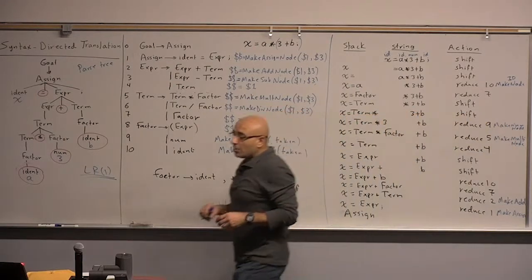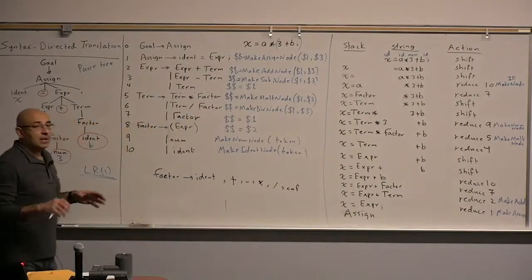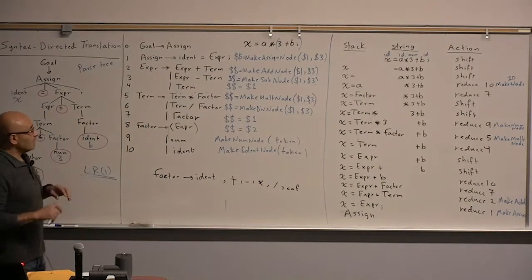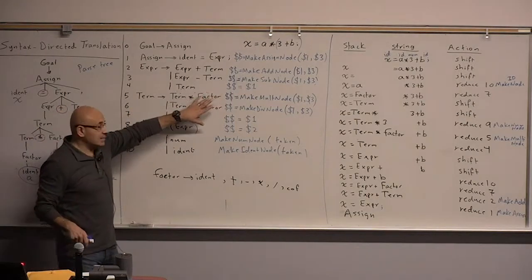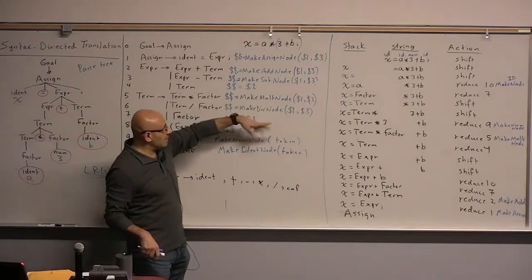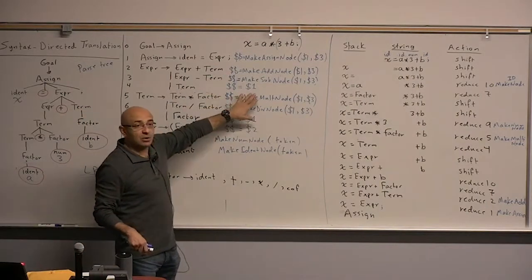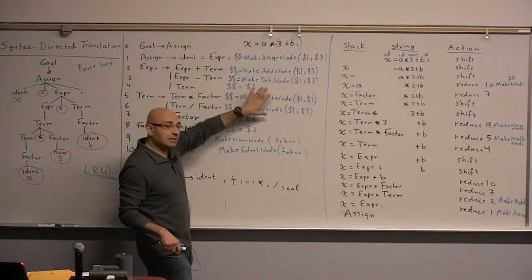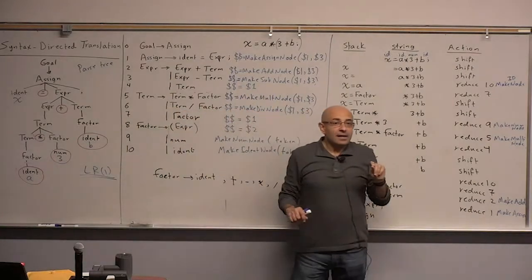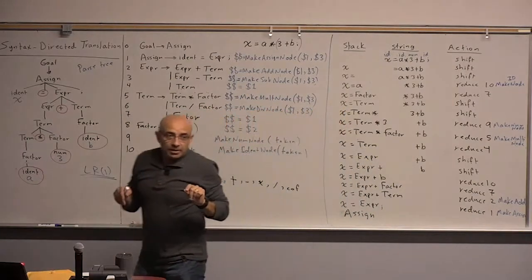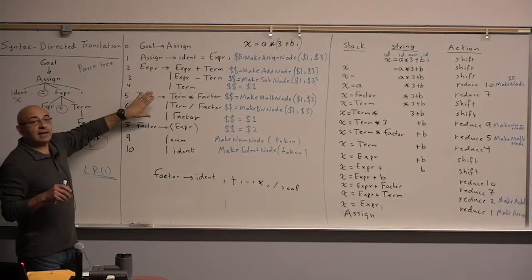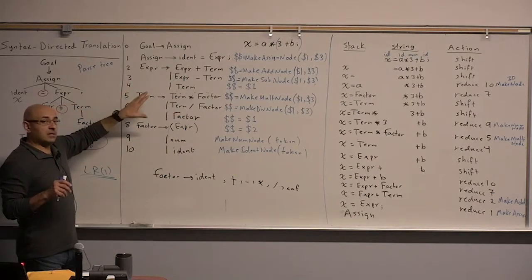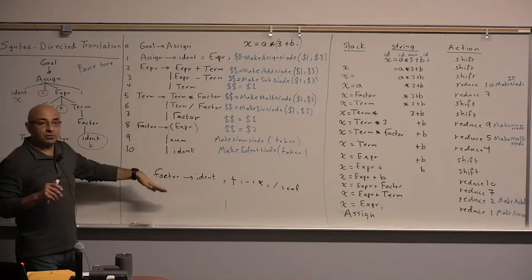So now, how does this work? In practice, you will write a grammar with these embedded actions in it. These embedded actions will not have pseudocode; they will have C code. So you will write code in C, and that's all you do. The parser generator is going to generate an LR1 parser for this grammar that you wrote.